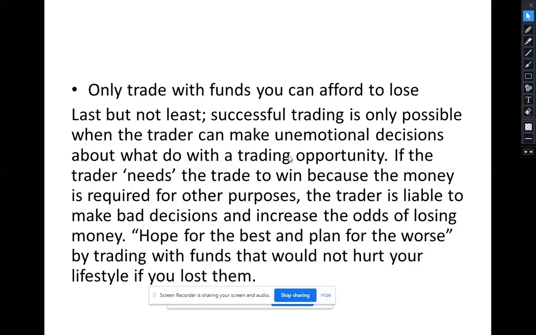If the trader needs the trade to win because the money is required for other purposes, the trader is liable to make bad decisions and increase the odds of losing money. Hope for the best and plan for the worst. So always trade with funds that will not hurt your lifestyle if you lose them.